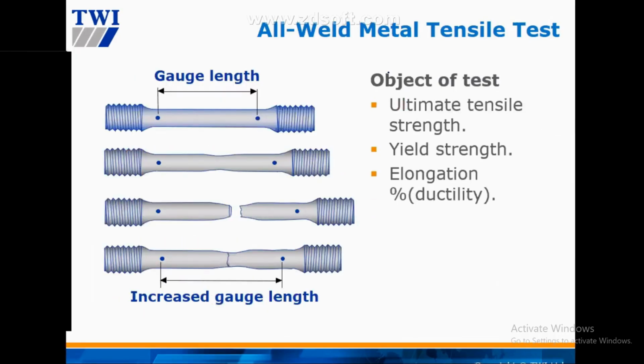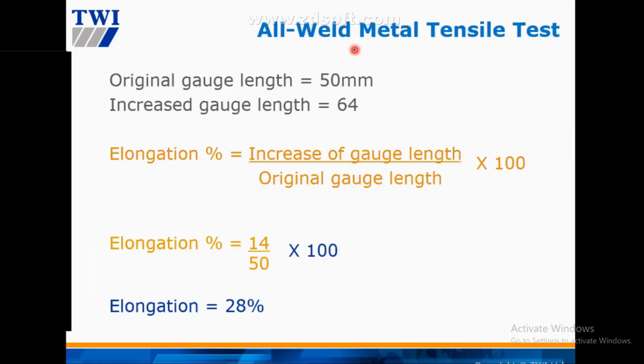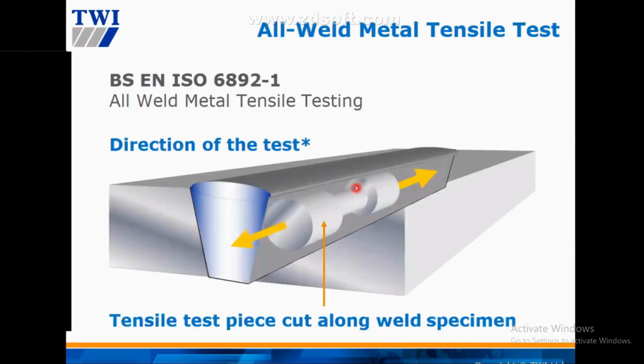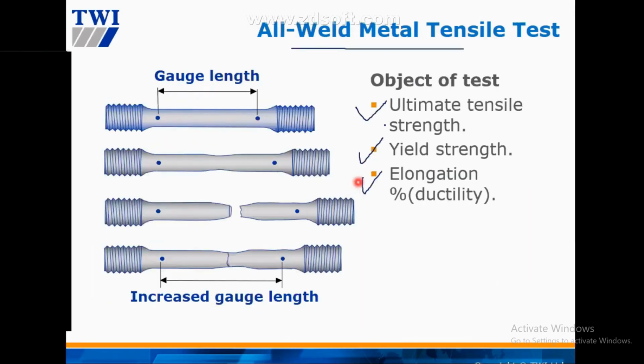Remember, in all weld metal, they ask for UTS, yield, and elongation. Got it? That's the difference between all weld metal and transverse tensile. Transverse tensile, they only ask for UTS only. Careful with this. All weld metal, they ask for UTS, yield, and elongation. They ask for 3 things. Okay?